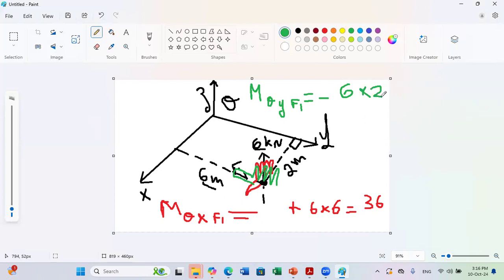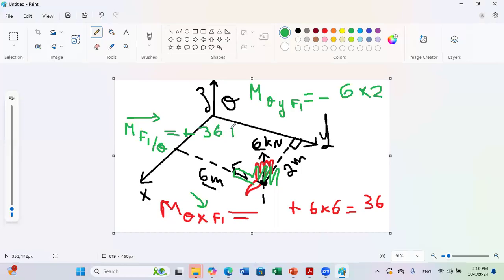And now if you want to write it as a vector, what can you say? The moment vector of F1 about O is equal to... What is the component along I? The component along I is MOX. So it's plus 36 in I. Okay?